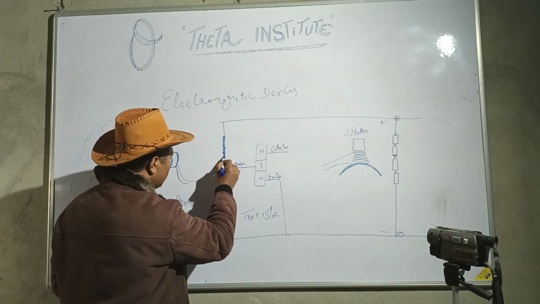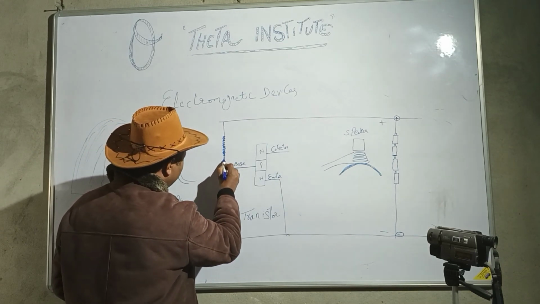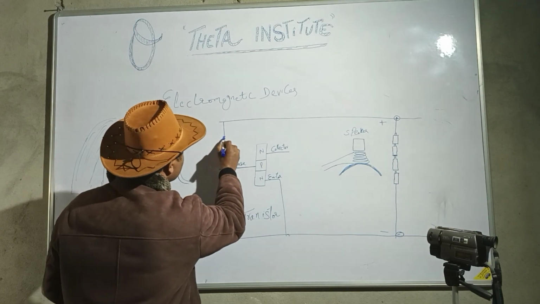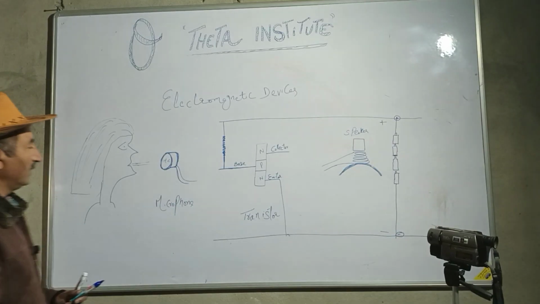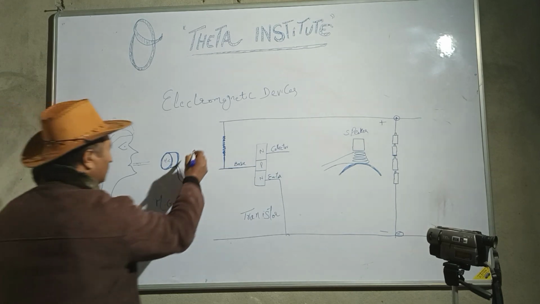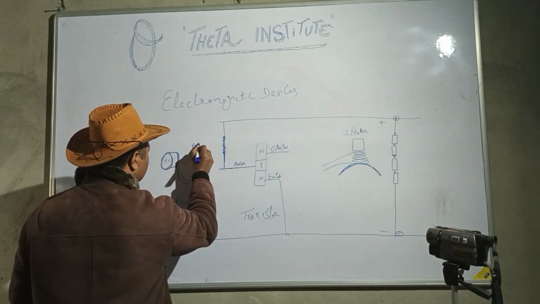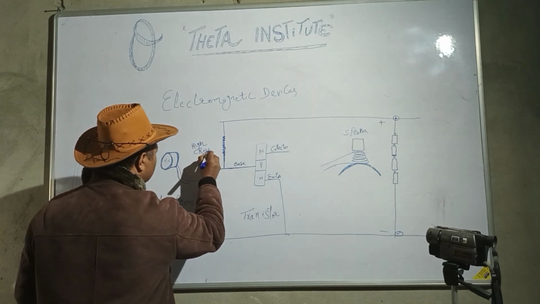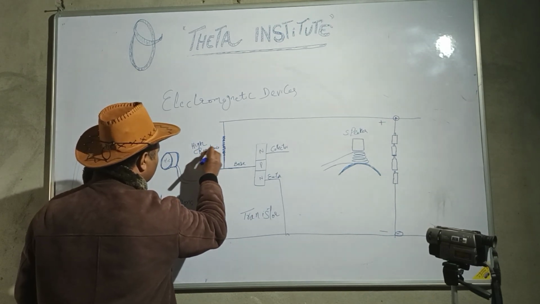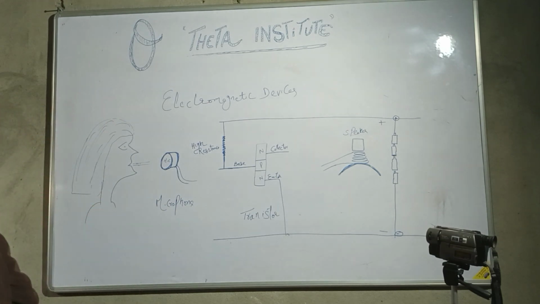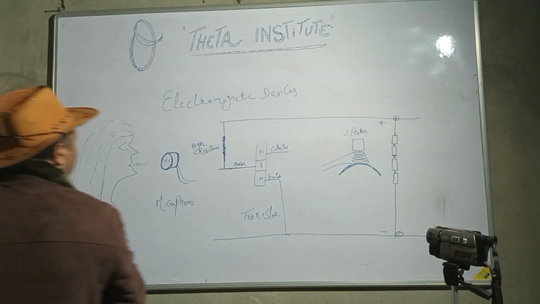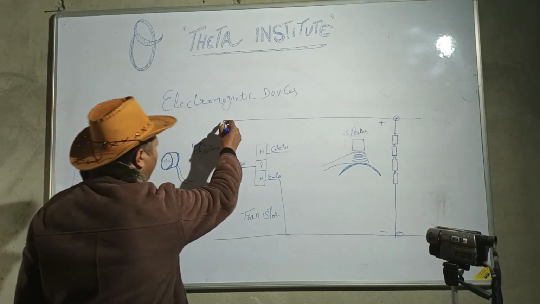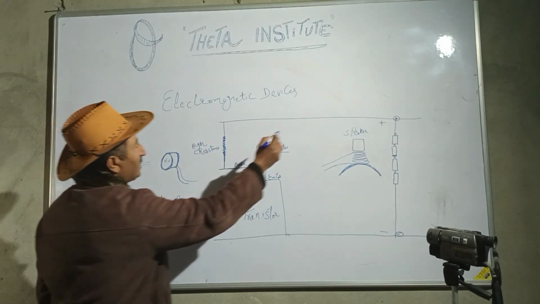This is a resistance. This is a high resistance. So we have connected a high resistance from this positive terminal.